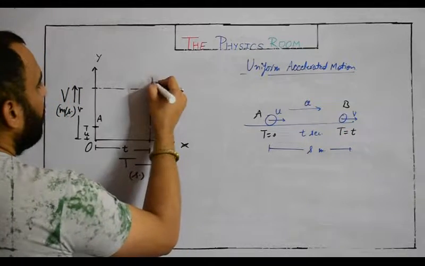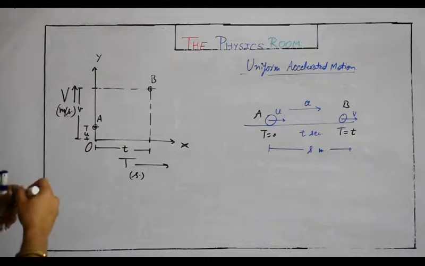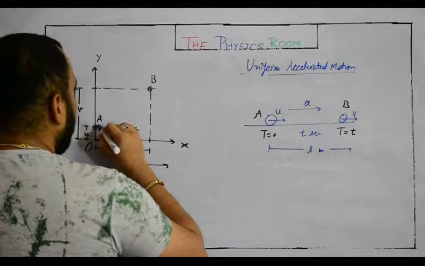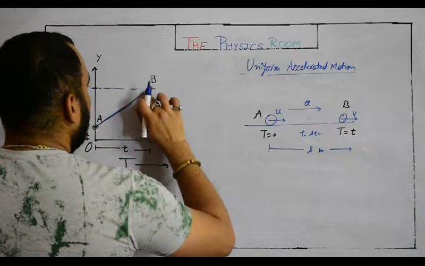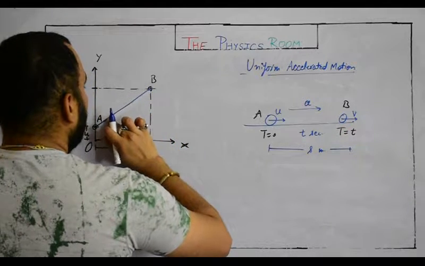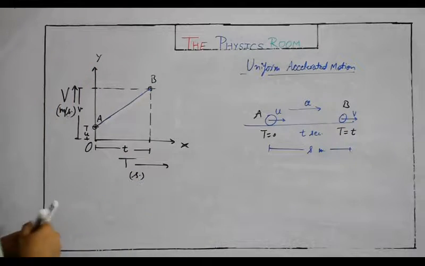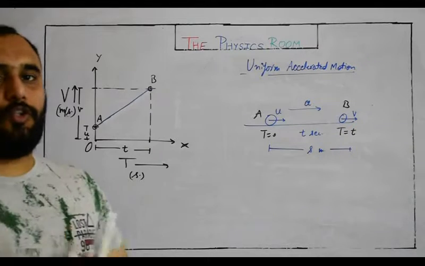You will get it here, that is the point B. So after joining points A and B, you will get the VT graph for this particular case. This one, right?